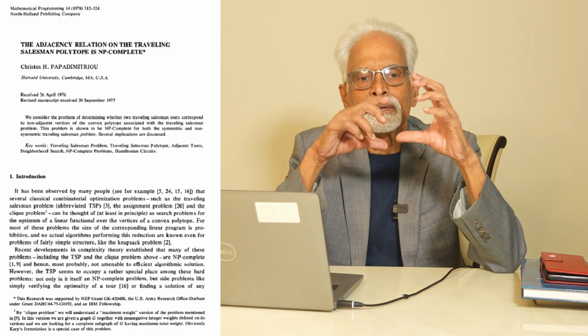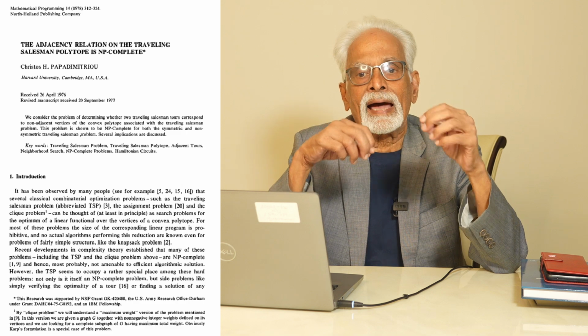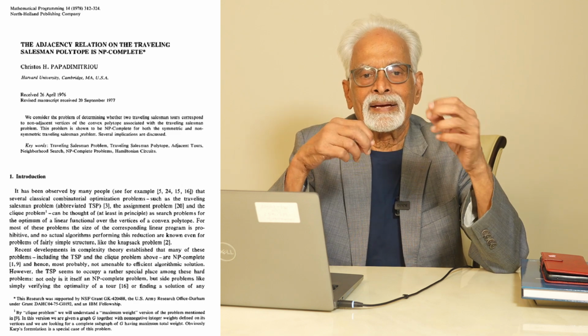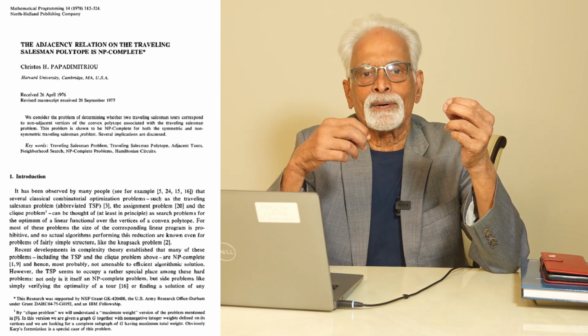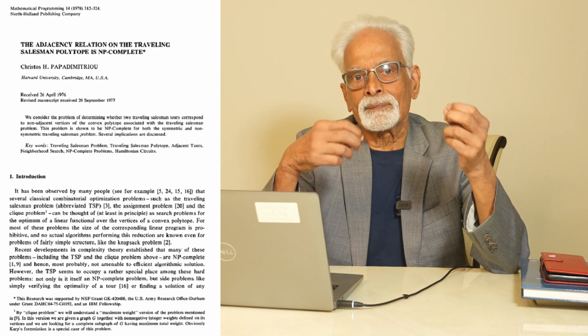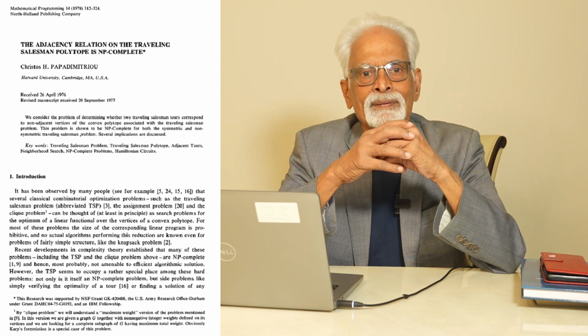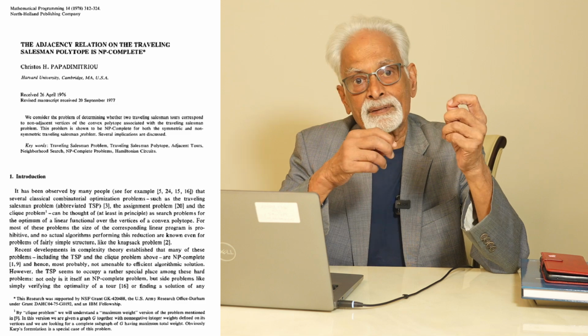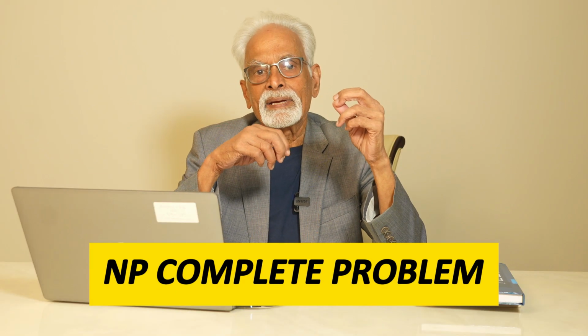And this is an interesting question asked a long time back by Papadimitriou. He gave an interesting result showing that testing whether two tours are non-adjacent is as difficult as trying to find the optimal tour, or deciding whether there exists a tour with cost less than or equal to a given value, the decision problem there. So he showed that it is an NP-complete problem.